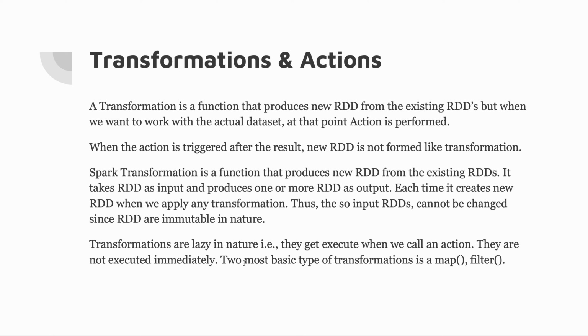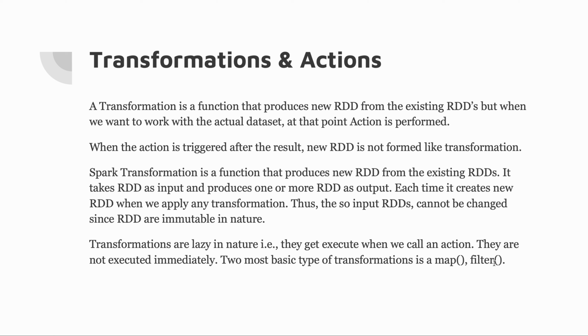Some of the basic types of transformations are map and filter. And some of the basic actions are count or collect. For example, if you want to count the number of records in an Excel file or a CSV file, it's an action. The functions that are defined are automatically categorized by default in Spark as transformations or actions. We just need to understand and learn them.